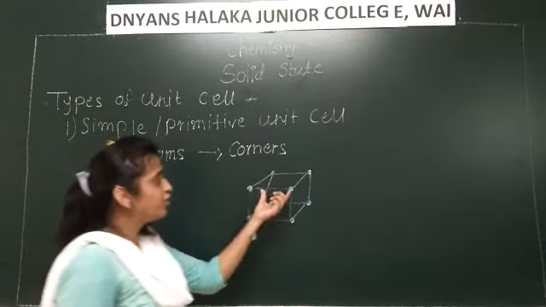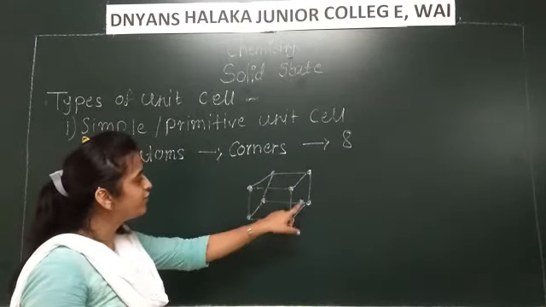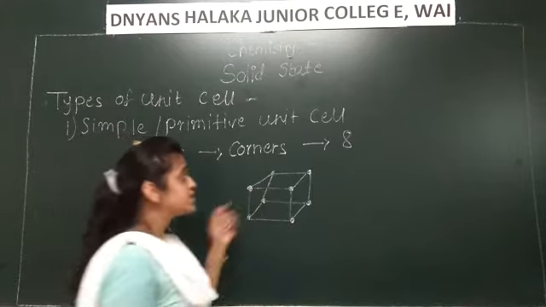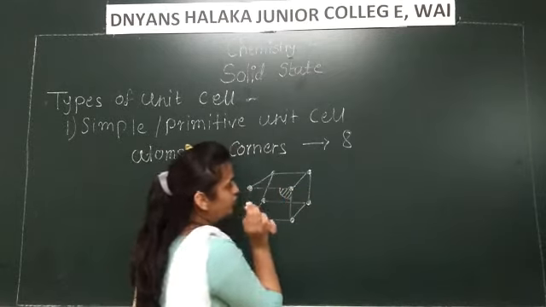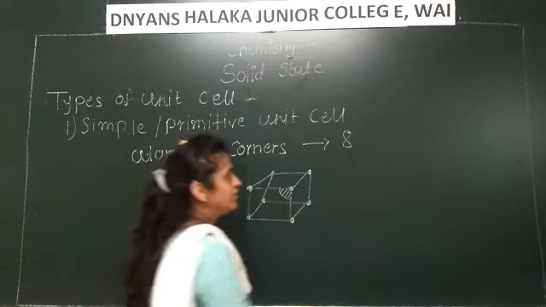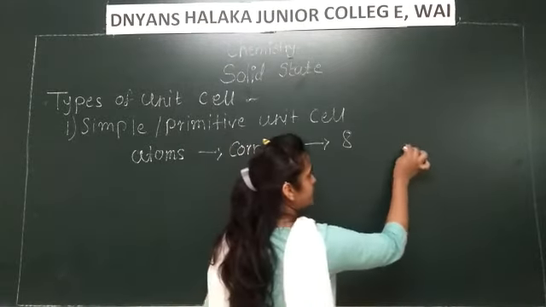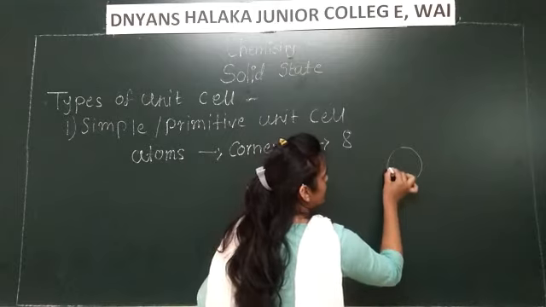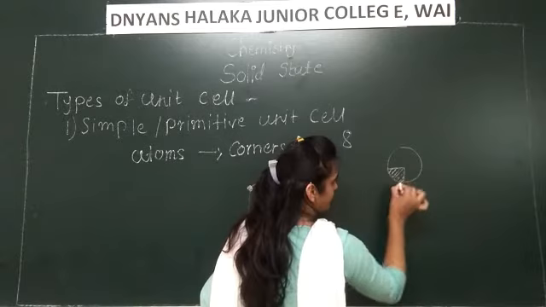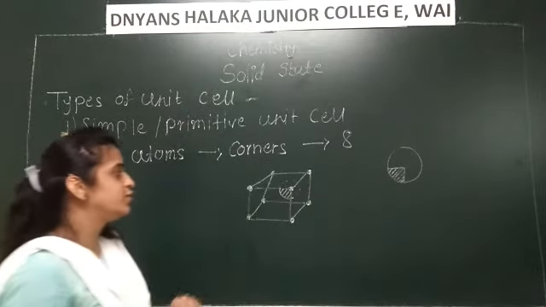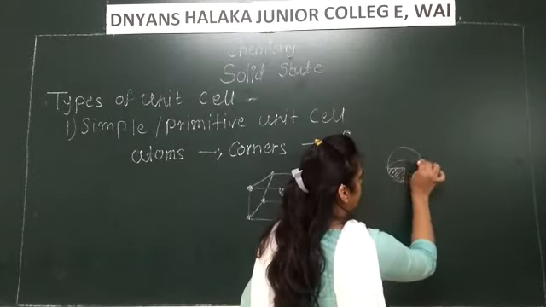So we calculate the corner points: total corner points 1, 2, 3, 4, 5, 6, 7, 8. So at these corner points, the atom participates in this cube only as a small portion like this. So we consider it as a full sphere like this. But a small portion of this particle, the shaded portion, participates in this cube. So we consider a sphere like a ball.